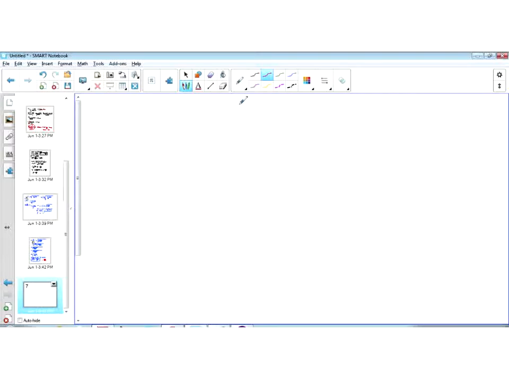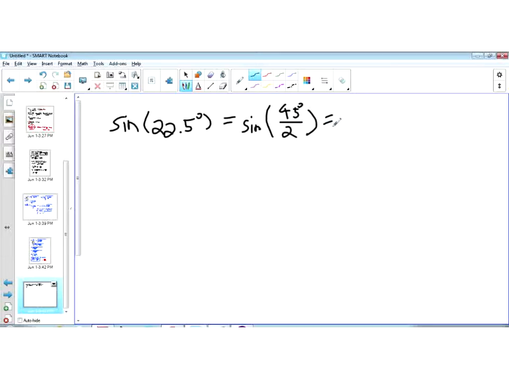Say, how about the sine of 22.5 degrees? Without a calculator, let's calculate. Well, that is simply the sine of 45 degrees over 2, for which we use the half-angle formula for the sine function, so that would be the square root of (1 minus cosine 45 degrees) over 2.